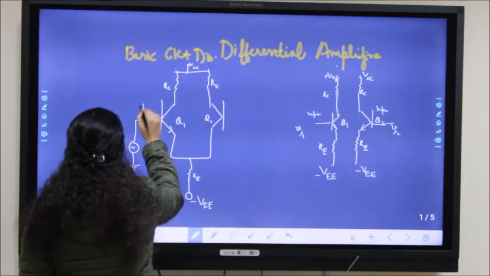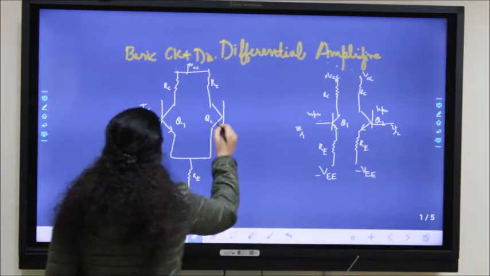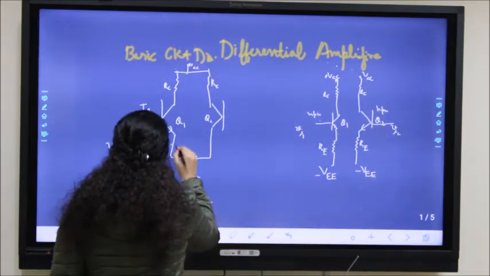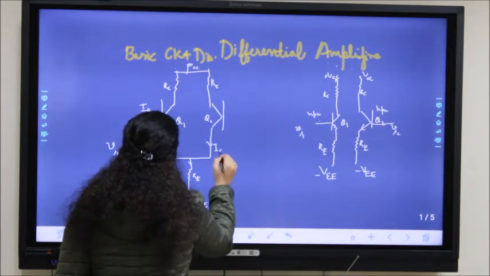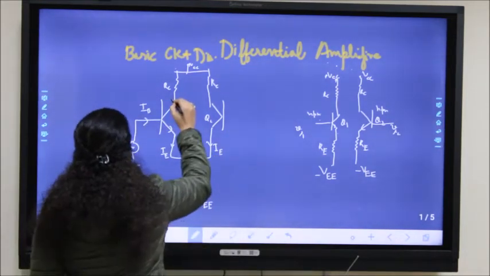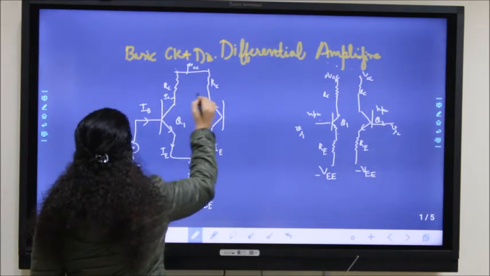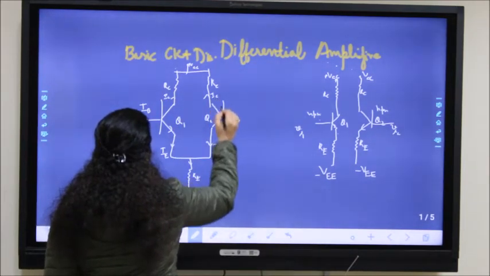IB is the base current going here. Here the IE current flows. Here through RC the collector current is denoted by IC.